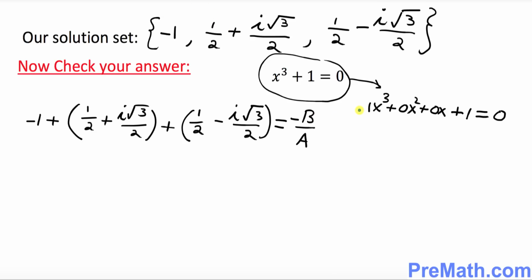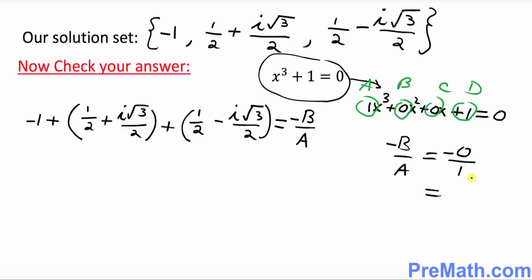In that case, 1 is our a, 0 is our b, 0 is our c, and 1 is our d. So minus b over a is going to be minus 0 divided by 1, which is 0. So minus b over a is simply 0.